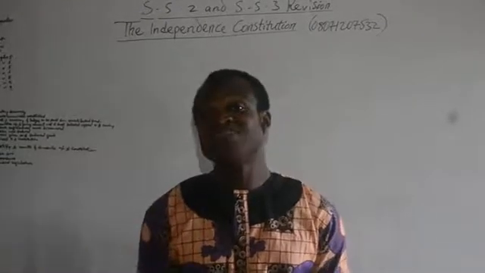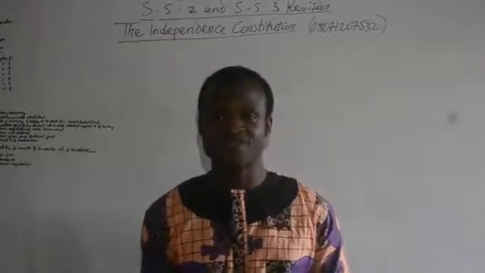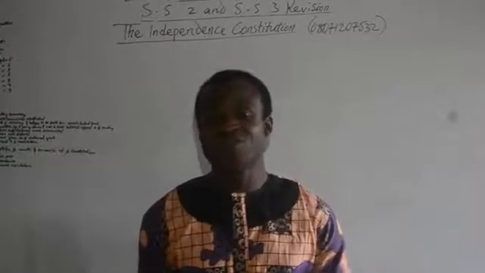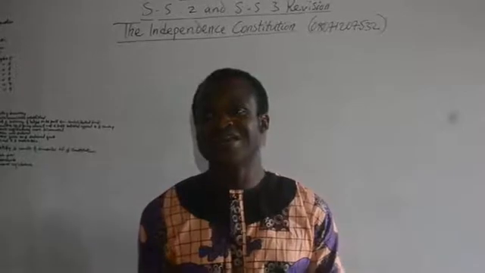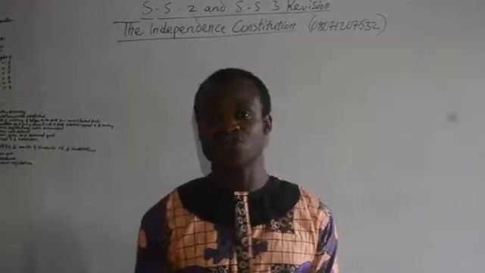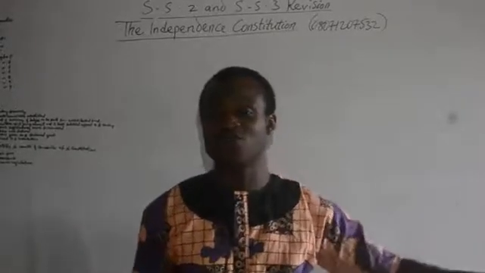We said the 1954 Lyttelton Constitution brought about federalism in Nigeria, and thereafter there was a problem in the country that explained the weakness of the constitutions so far, especially the Lyttelton Constitution that was existing.